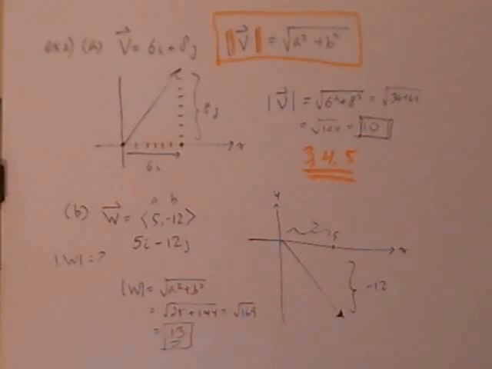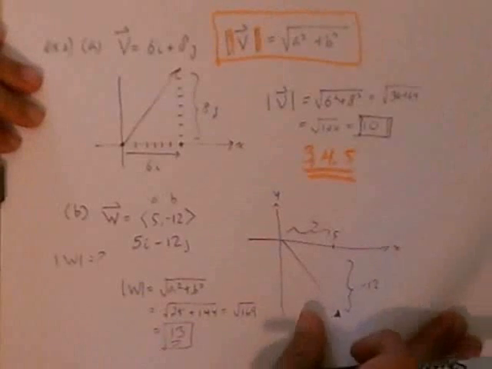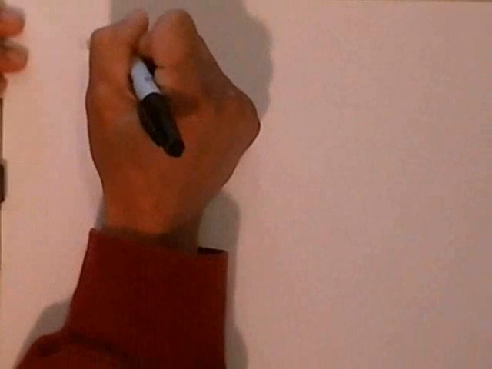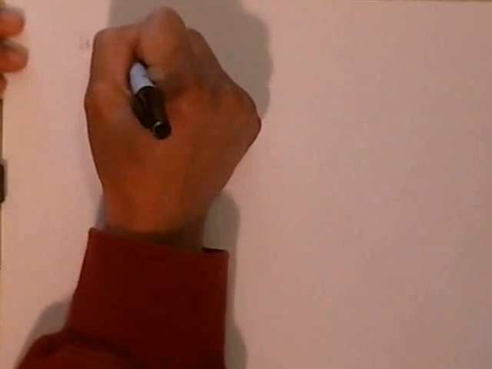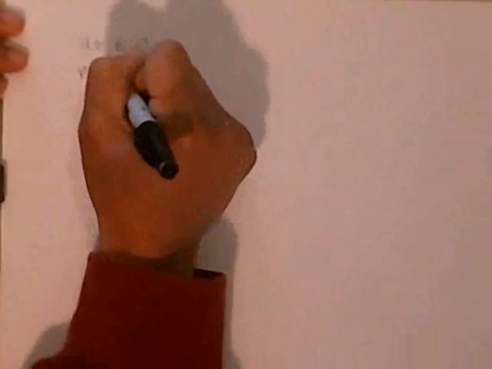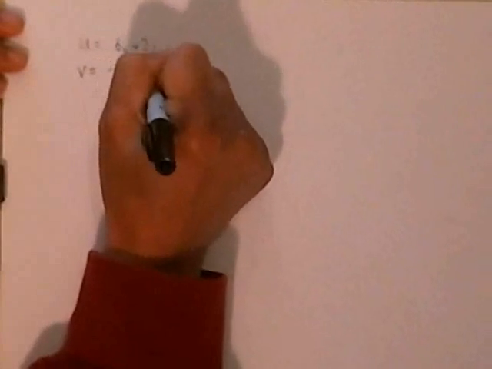Okay. We can add and subtract vectors if you want. I'm not going to denote it using the graphing method. We're actually going to use just the regular method, which is the mathematical method. Let's say, for instance, vector u is equal to 6i plus 2j, and vector v is equal to negative 3i plus 5j.